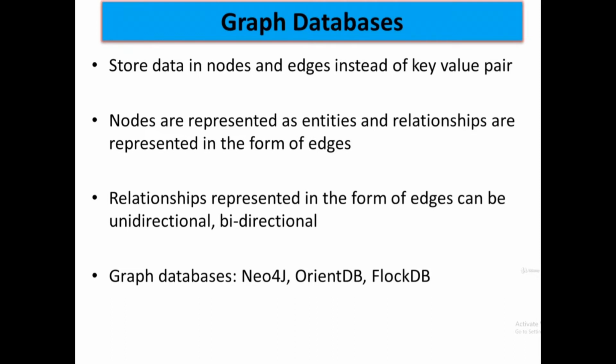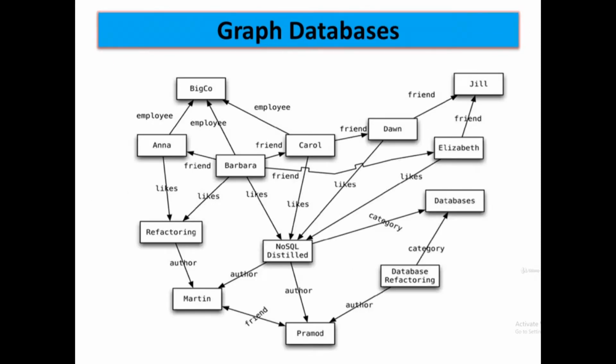Examples of some graph databases are Neo4j, OrientDB, and FlockDB. You can say this is an example of a graph database. The square boxes here represent the nodes. Each node has a property, and that property is the name of a person.